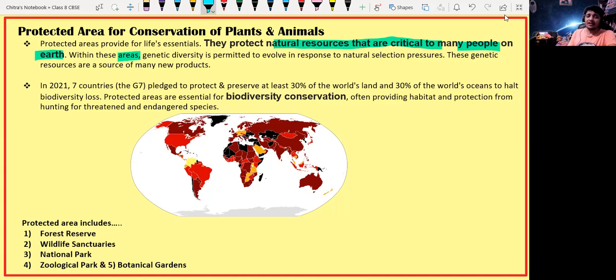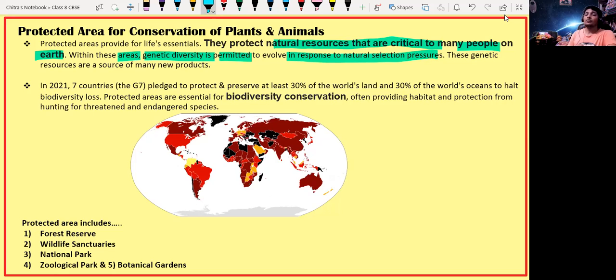Within this area, genetic diversity is permitted to evolve in response to the natural selection process. That means those areas are protected for particular species of plant or animal so that they are not hunted by people.